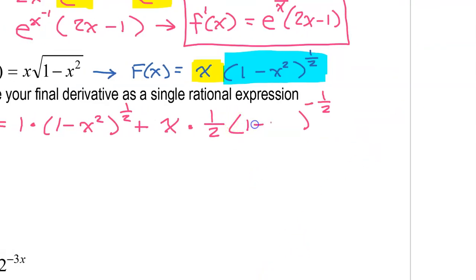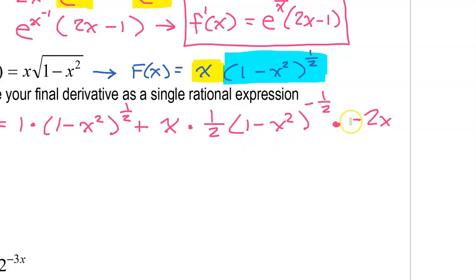I've got the 1 minus x squared on the inside. Because we have this function inside of a function, we use the chain rule and multiply by the derivative of this inner function. So the derivative of 1 minus x squared is negative 2x.